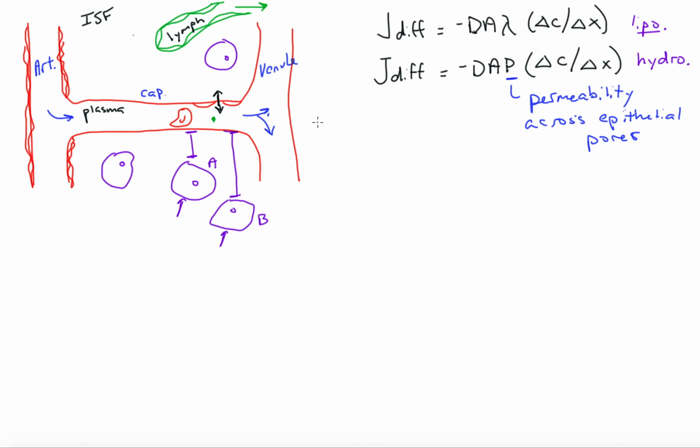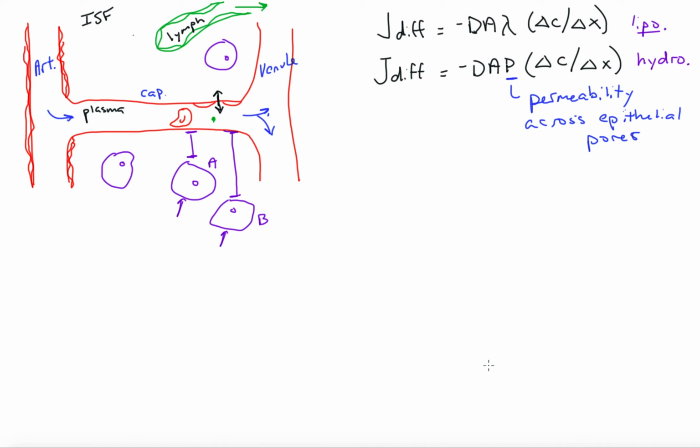What about sodium? Sodium is very much smaller than a protein, and so P would be very high. And as long as we had a gradient and other things were favorable, then the diffusion could be quite high. So again, if we're going through an aqueous pathway across the capillary wall, we use P. If we're going through the cell membranes, a non-aqueous, fatty pathway, we use lambda.